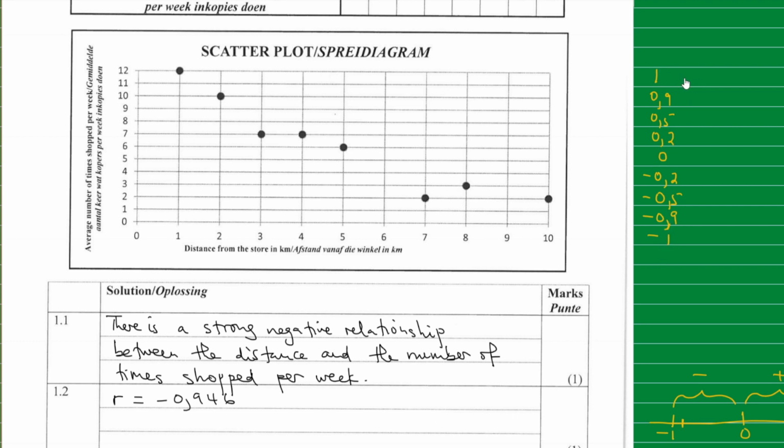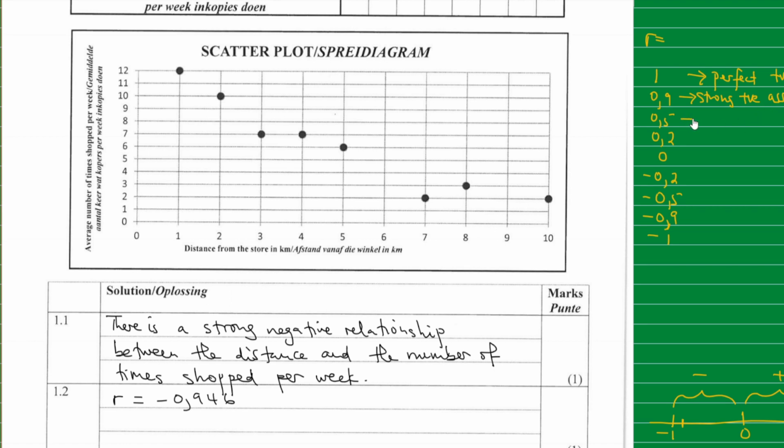So anything that is roughly equal to 1, we describe the relationship as a perfect positive association. That is a perfect positive association. If it is something along 0.9, that is a strong positive association.